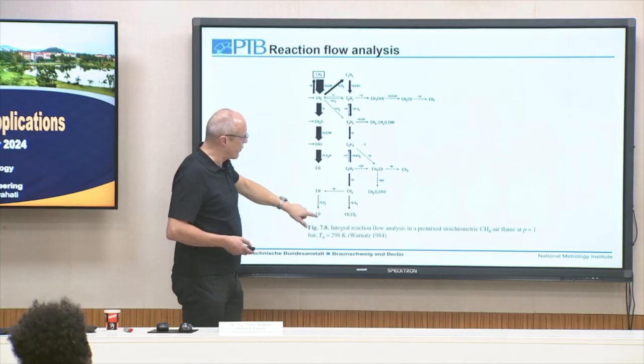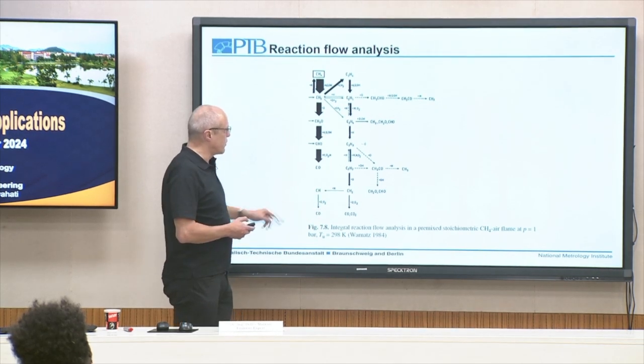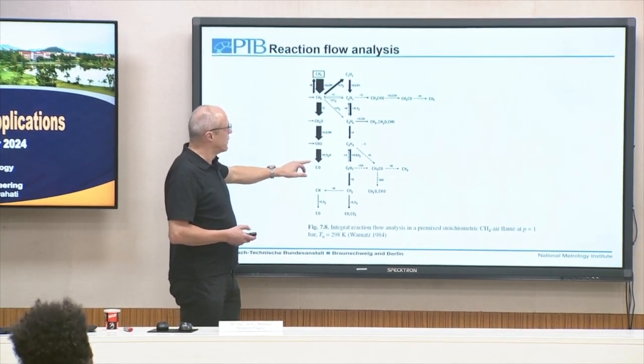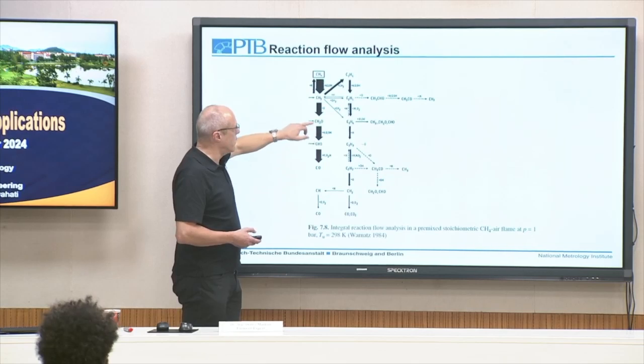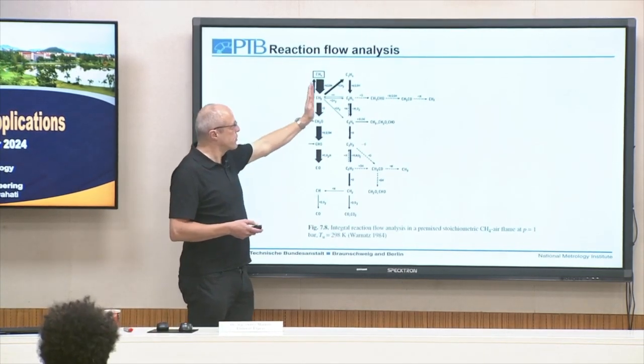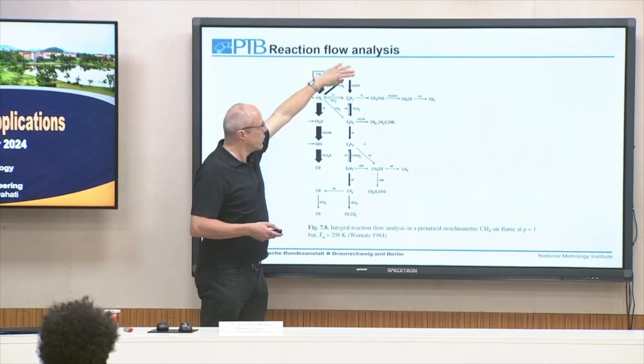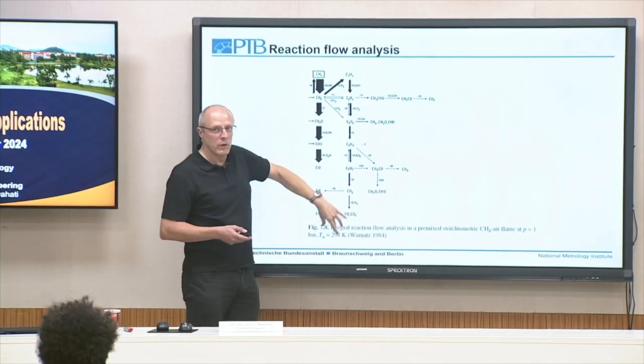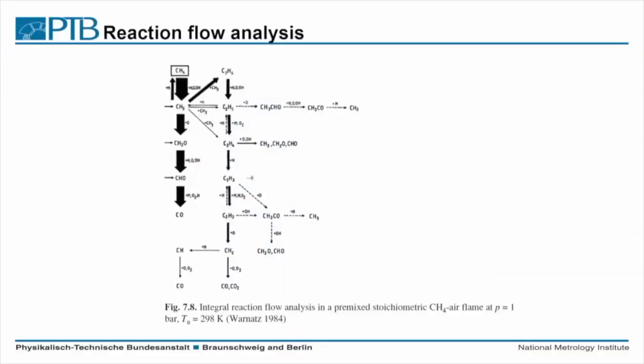We can follow it finally to carbon monoxide, over formaldehyde. This we have discussed already. And if we have a rich mixture, we can see the flame will follow this way. So this is an outcome of the reaction flow analysis.